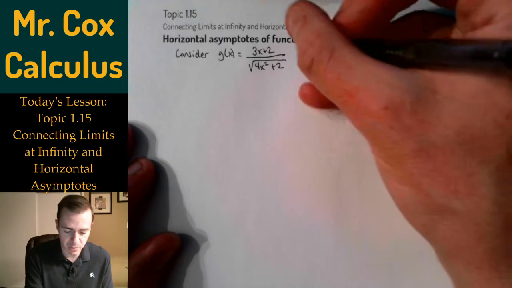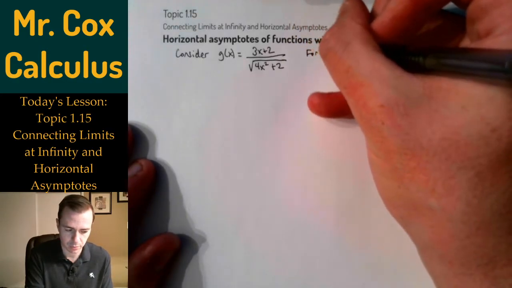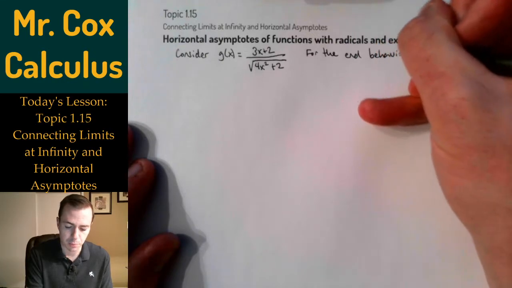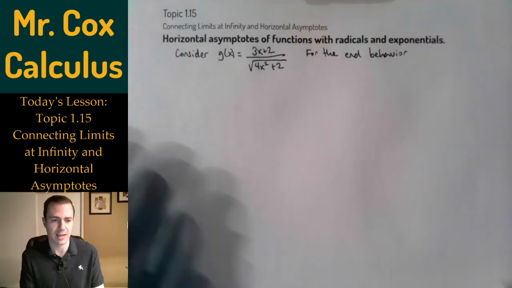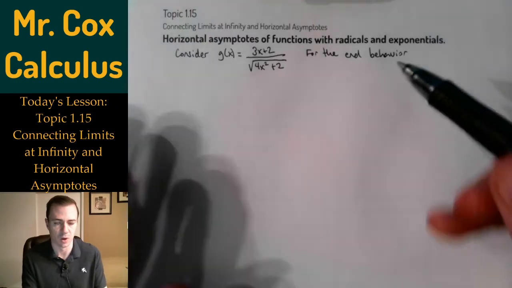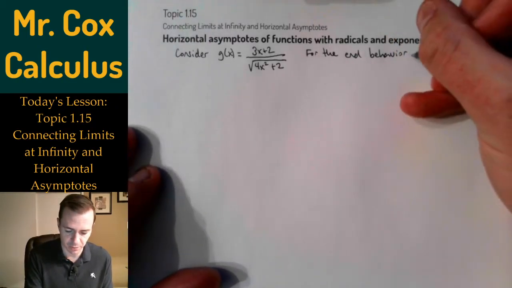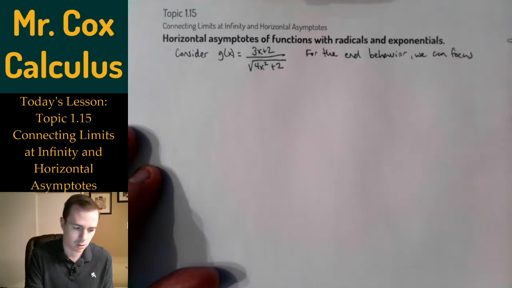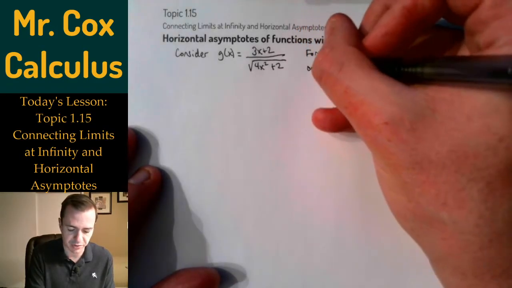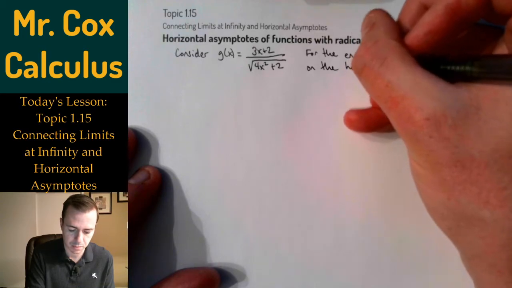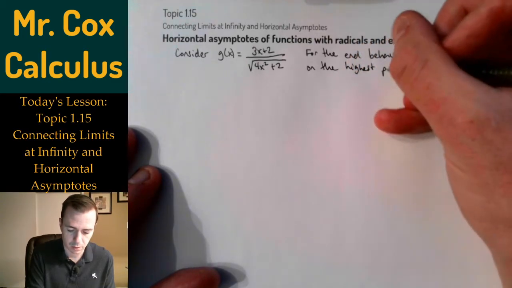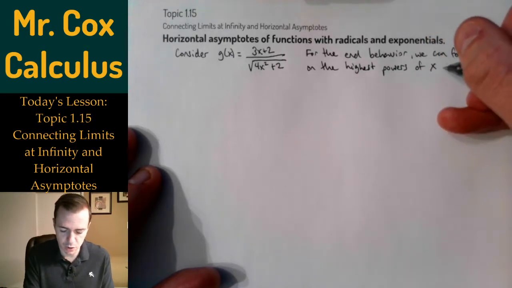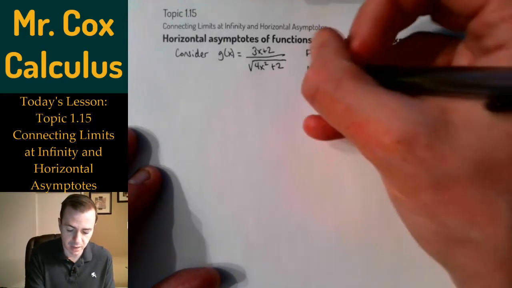Well, for the end behavior, just like we did in the previous video where we realized there's a shortcut laying there for us, for the end behavior, we can still just focus on the highest powers of x in the numerator and the denominator.